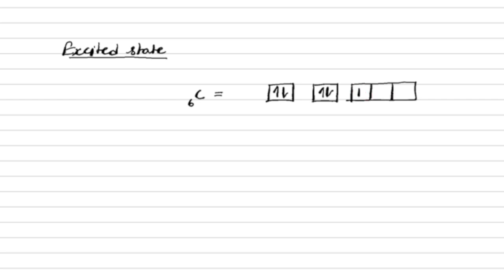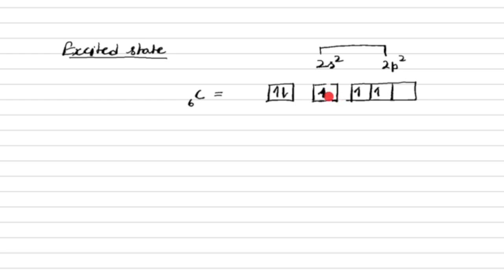According to Hund's rule, we only kept one electron in each. In the excited state, because these are in the same energy level, all in the second main shell, remember that 2s2 is this and 2p2 is this, so they are in the same energy level.